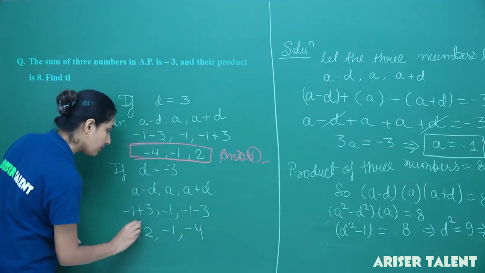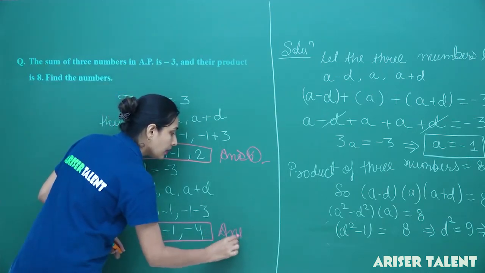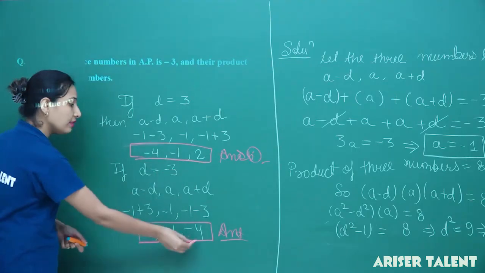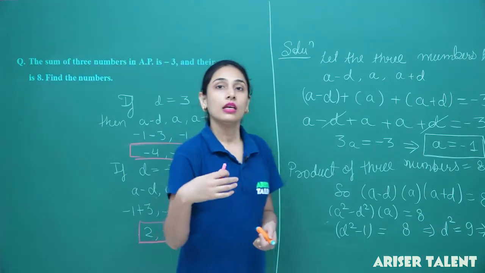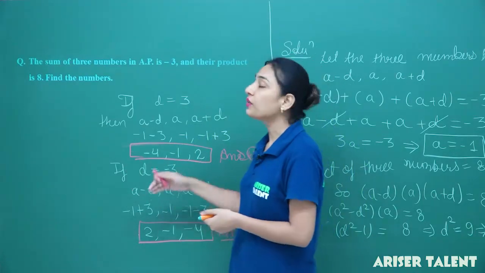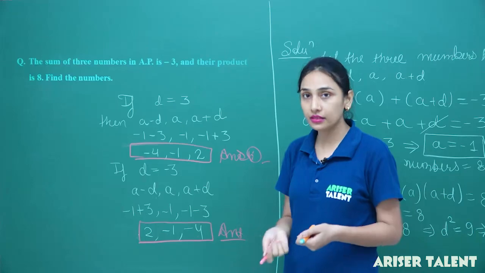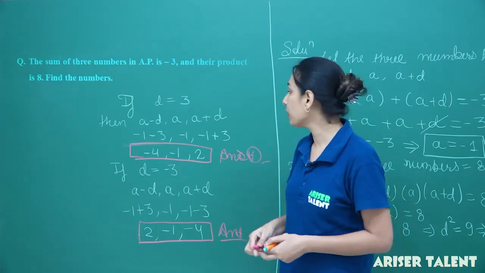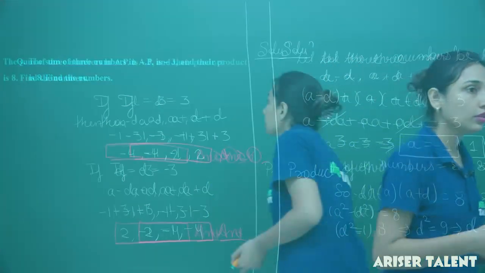So the three numbers are the same: minus 4, minus 1 and 2, right? These are only reversed. So this is an increasing, or ascending, and a descending arithmetic progression. Okay, students, note this so that we can move on.